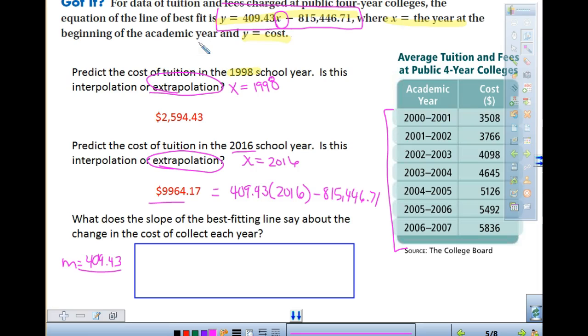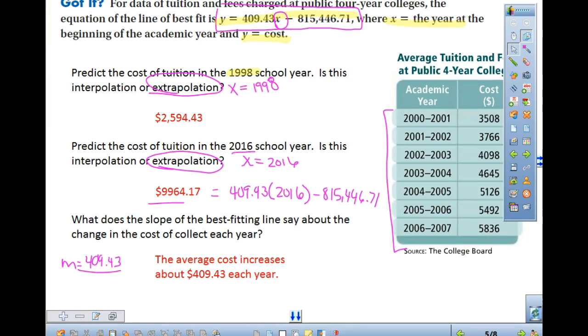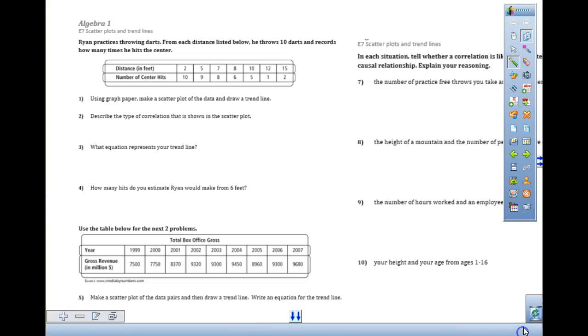And again, make sure you put the dollar signs with these because labels are important, right? I'll wait for some of you. Some of you aren't writing anything. We are looking at something like the cost increases by about $409.43 per year. And that's our average cost that we were looking at, okay?